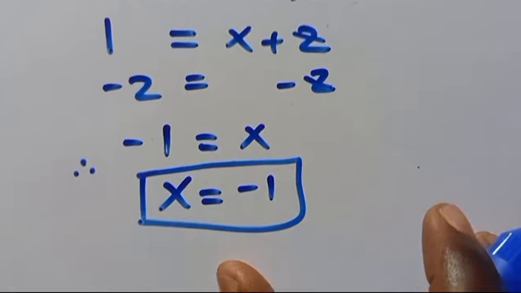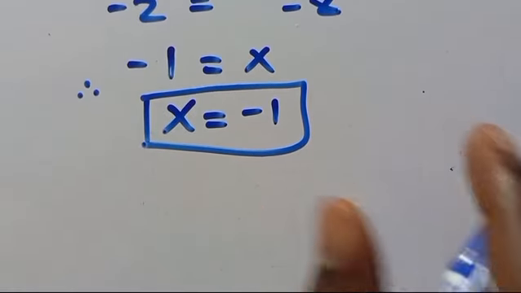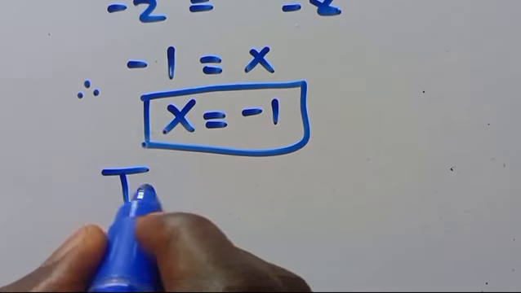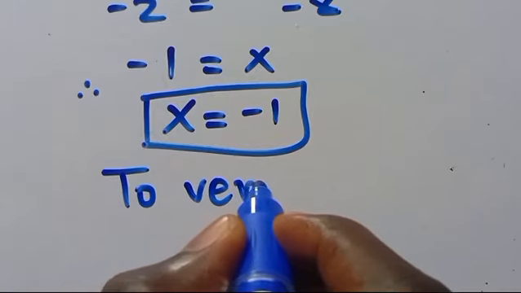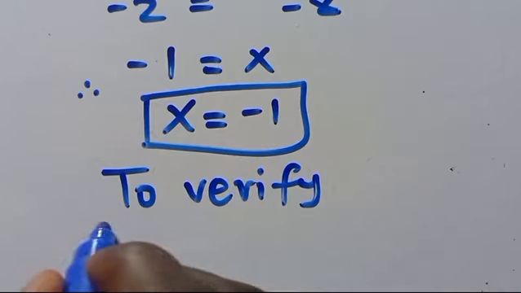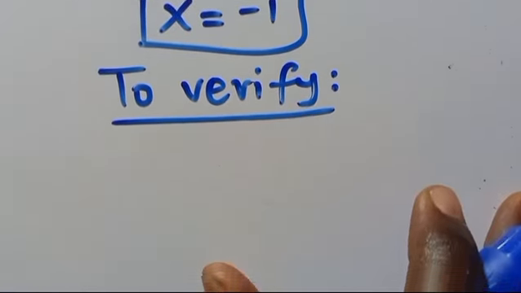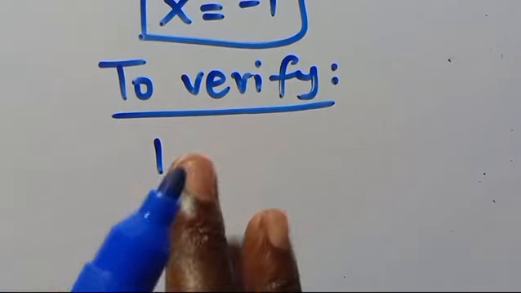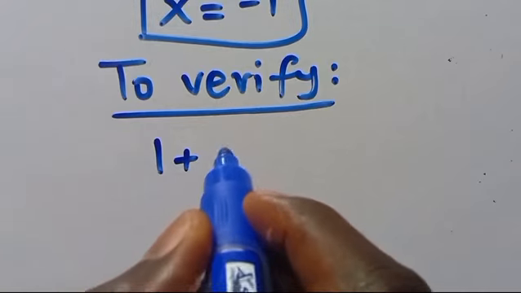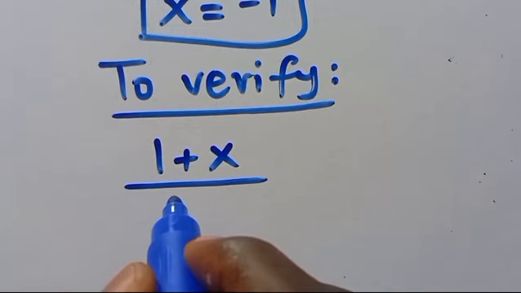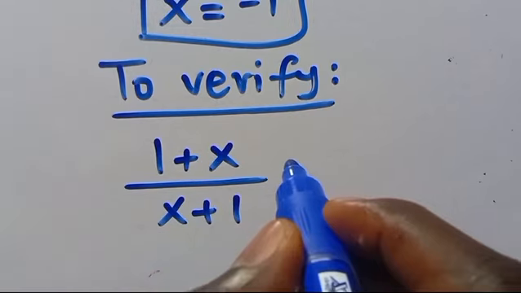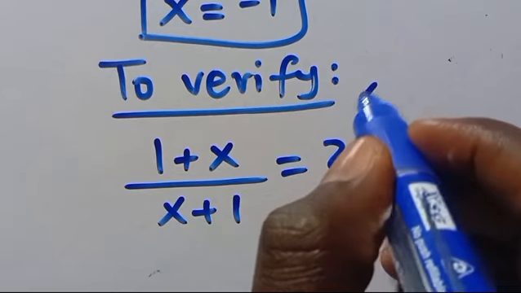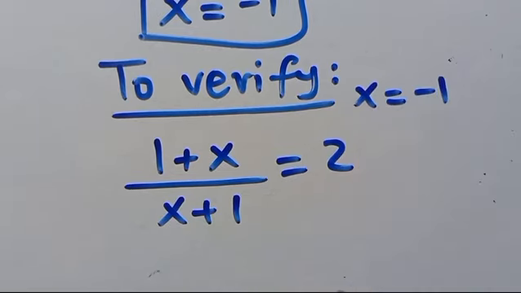Then before we can conclude finally, let us verify. We have 1 plus x over x plus 1, we say equals 2. Then we got the value of x to be equal to minus 1.